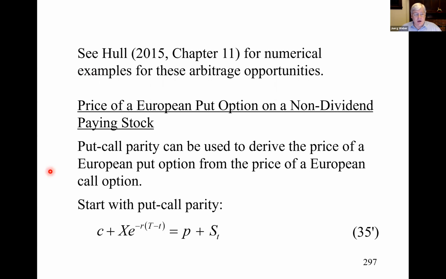So we begin here with the put call parity again. And we have the solution for C. That's equation 29, the Black-Scholes solution for the call option price. And then we just simply solve the put call parity condition for P. And then we will have the Black-Scholes solution for the put option price. And there is no need actually here to solve the differential equation.